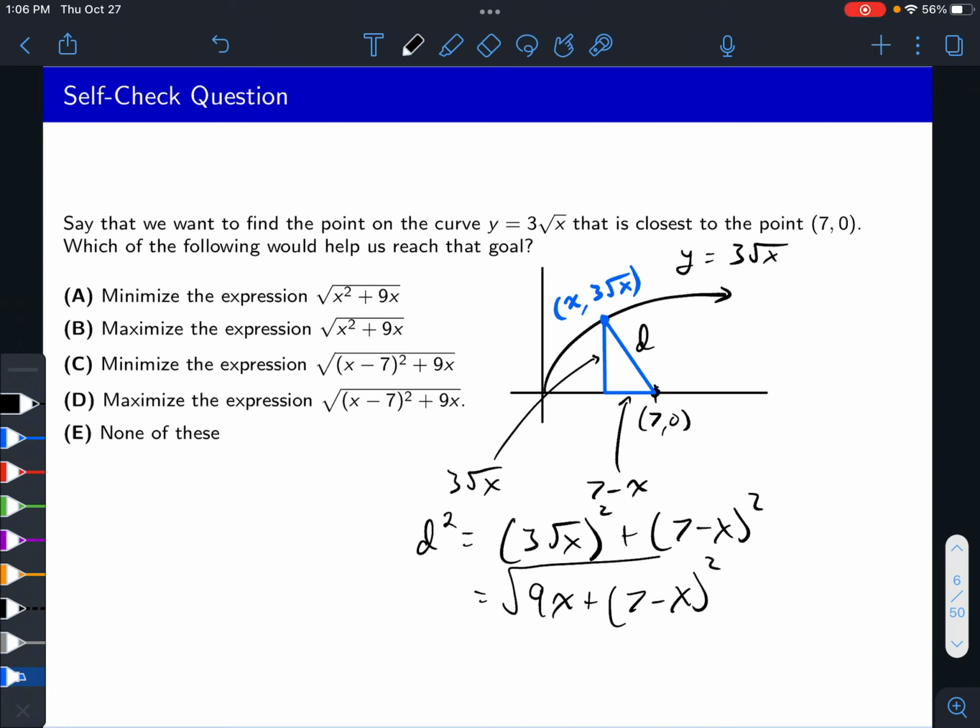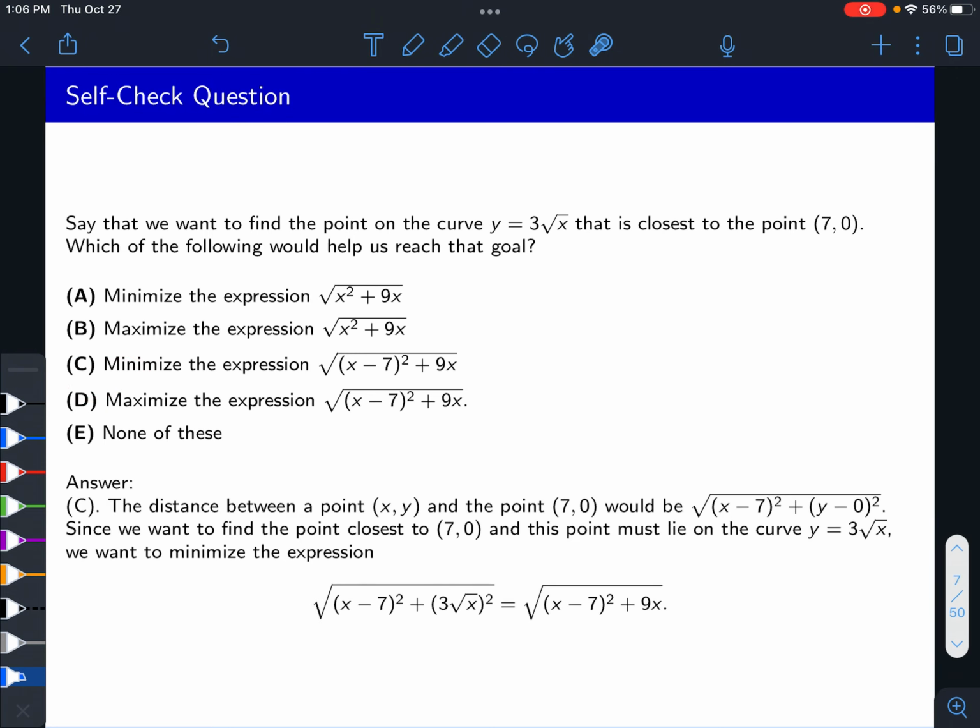And then we just take the square root of that, so the distance is just equal to this. So we get 9x plus (7 minus x) squared, and then take a square root. I have it flipped, so it's one of these two things, and we are trying to minimize this expression. Cool. So the answer is C.